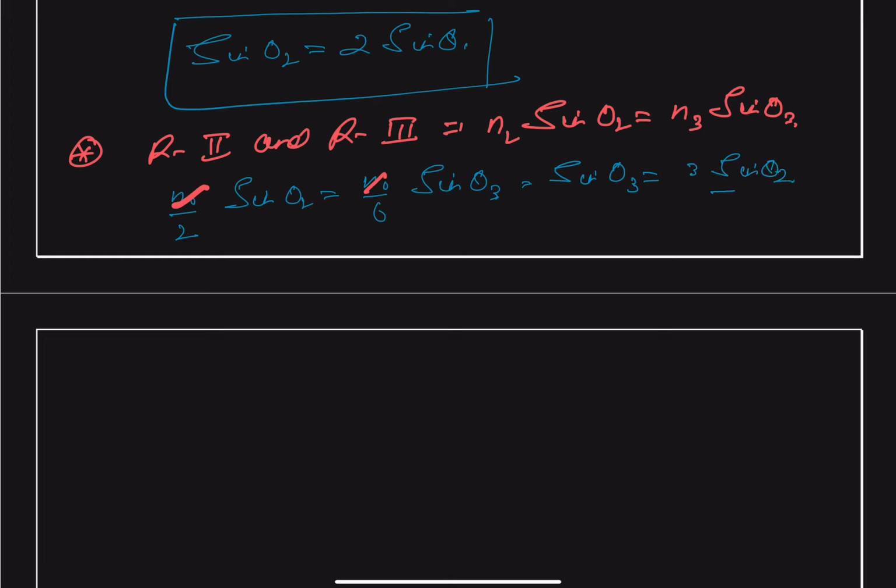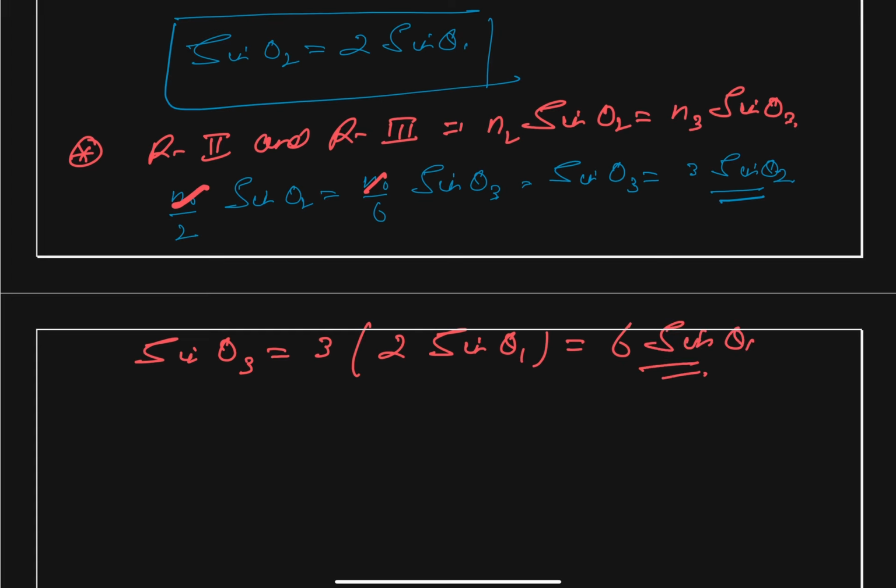And here we substitute the value of theta 2 and we get that sine of theta 3 will be equal to 3 times 2 sine of theta 1, giving us 6 sine of theta 1.